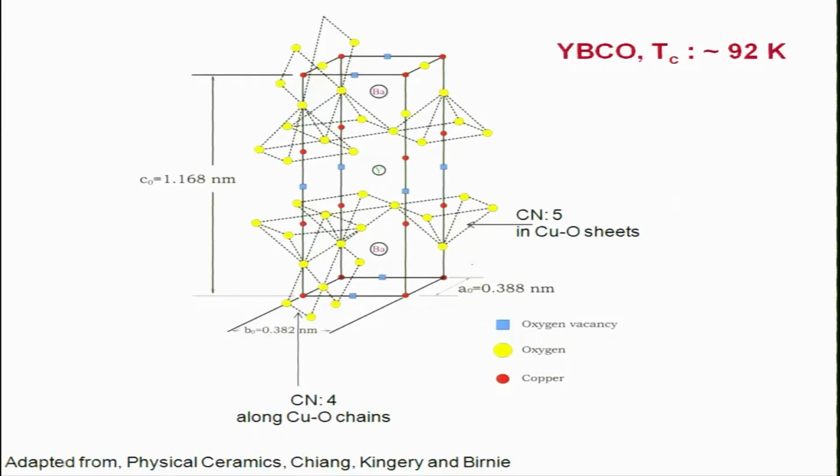So, you have 4-fold coordination and 5-fold coordination instead of the typical 6-fold coordination as you would have in perovskites. And it is along these Cu chains that the superconductivity prevails. So, this is one interesting example of a perovskite based structure. It is not exactly perovskite because perovskite is just one unit, but it contains multiple perovskite units in it.